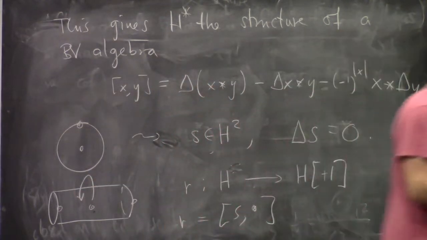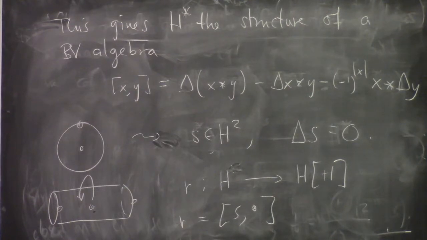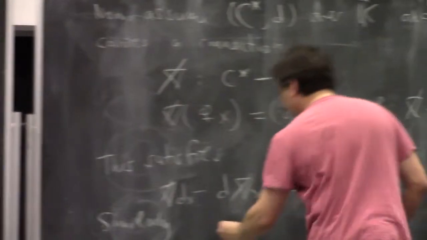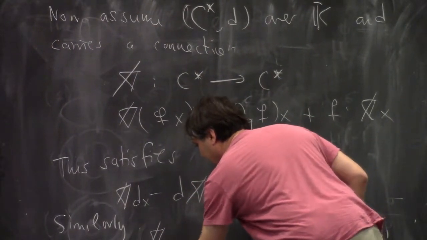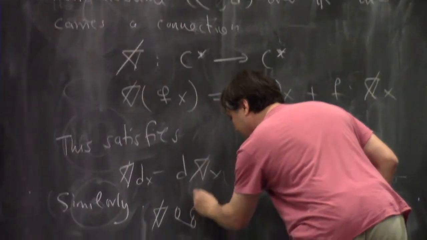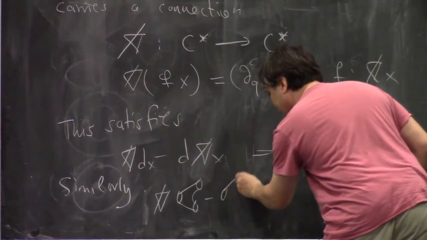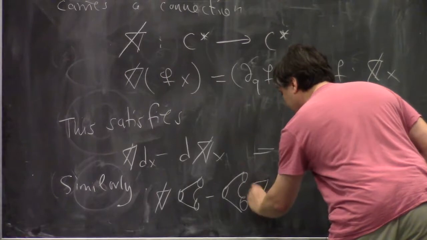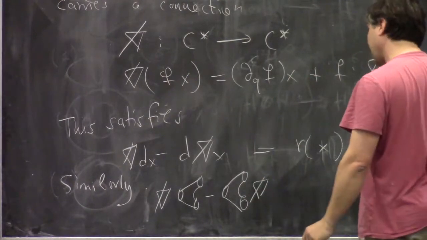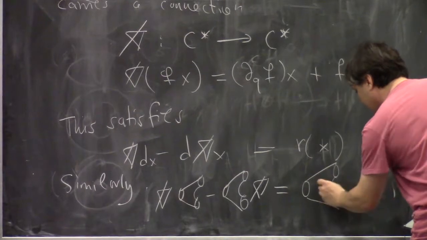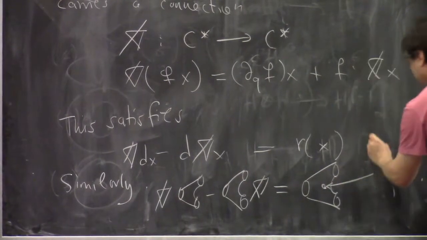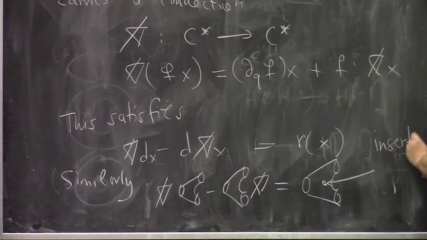Okay. And similarly, let me write it schematically. If you want to see how any operation commutes with this connection here, that is going to be given by the same operation with a mark point where the mark point is inserted anywhere.